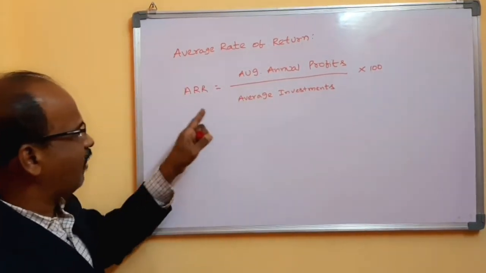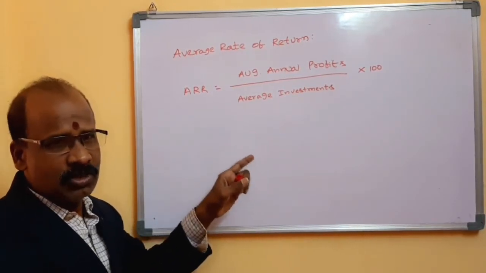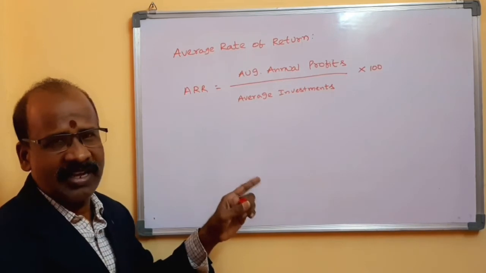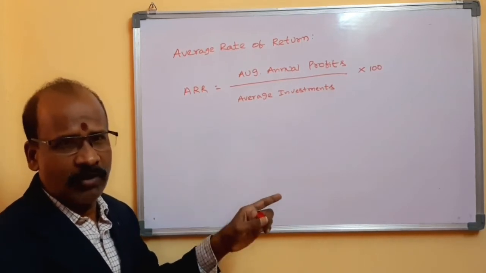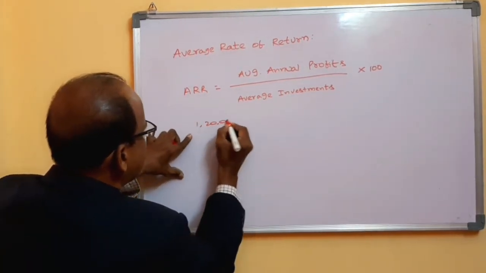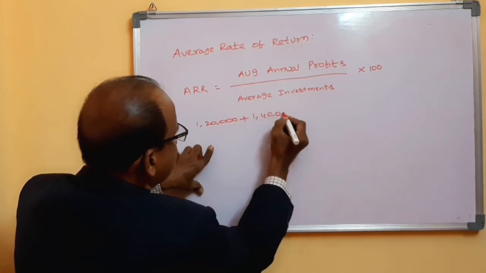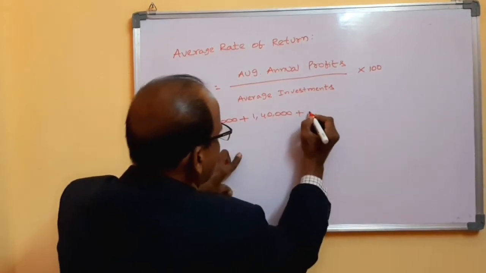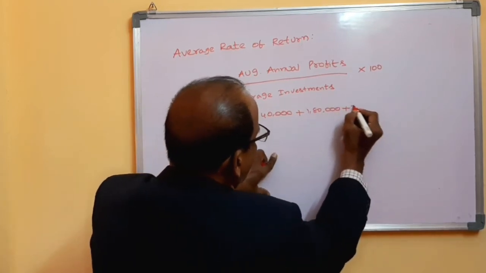How to calculate average annual profits? All cash flows divided by 5 years. In this problem, they give 5-year cash flows. That's why we take 5 years cash flows divided by 5. First year cash flow 1,20,000. Second year cash flow 1,40,000. Third year cash flow 1,80,000. Fourth year cash flow 2 lakhs.